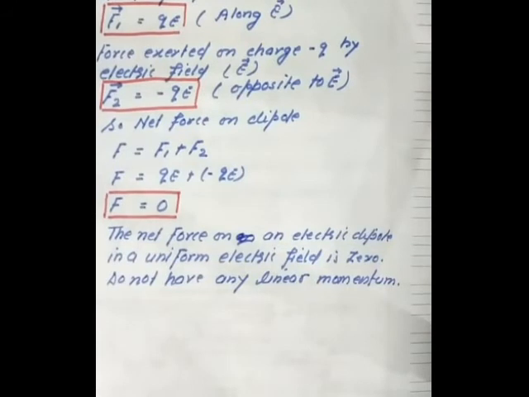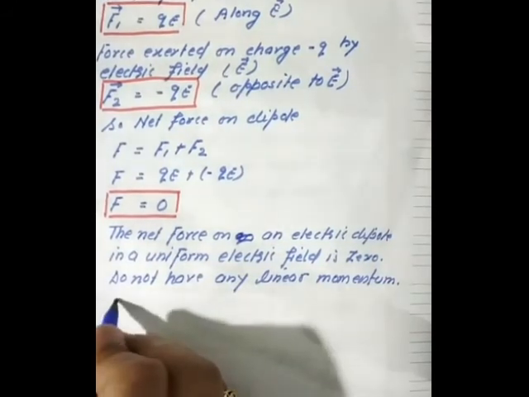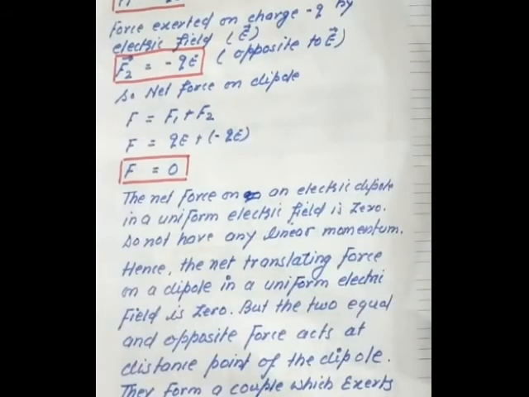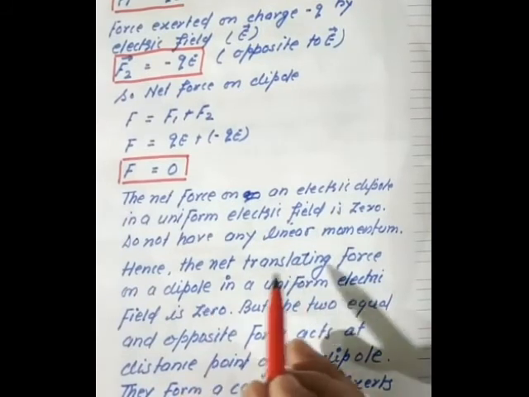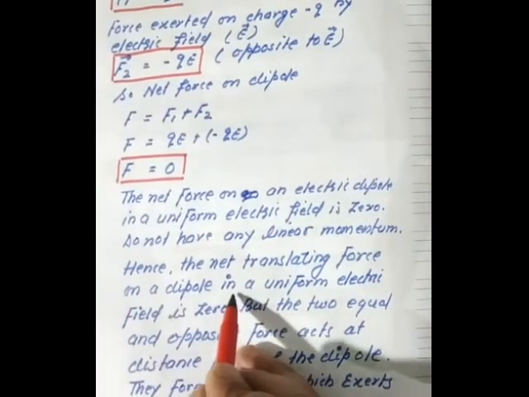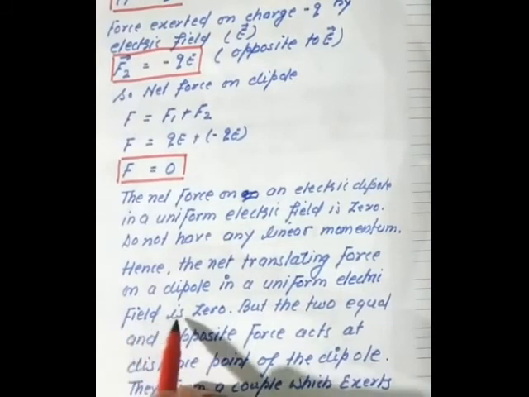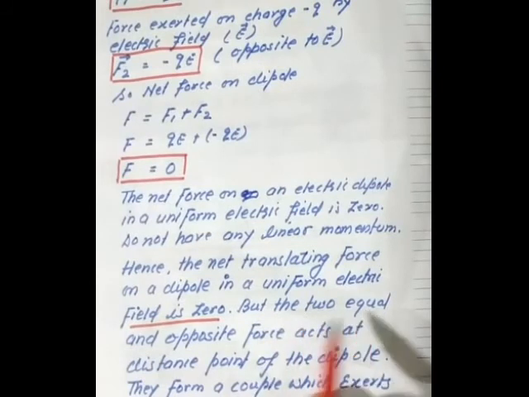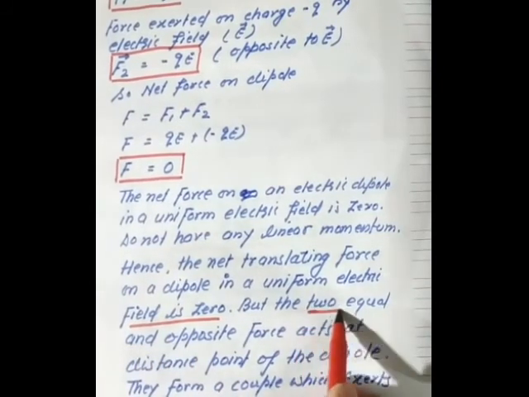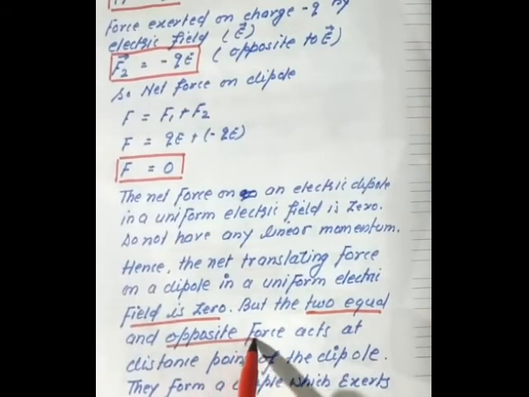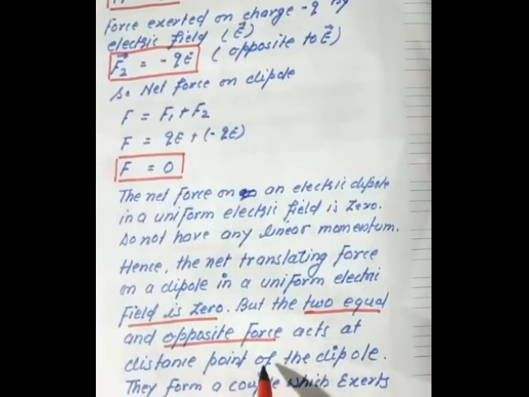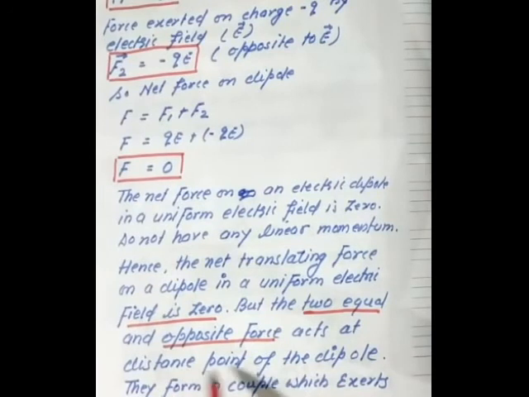Hence the net translating force on a dipole in uniform electric field is 0, but the two equal and opposite forces act at distant points, A and B, of the dipole.